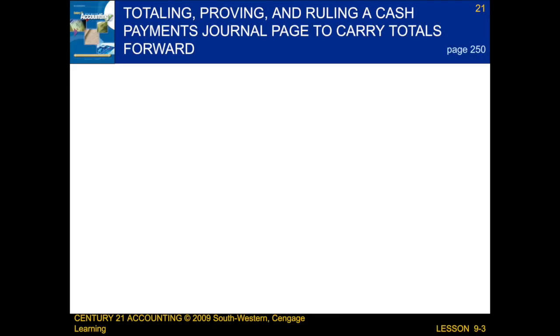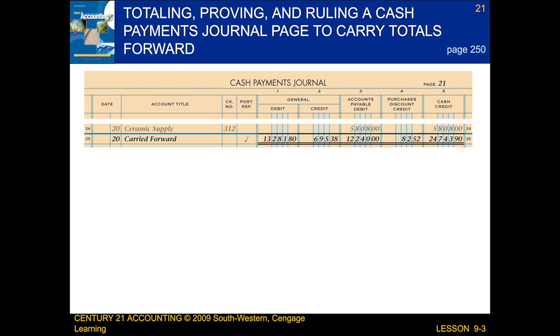Next, we're going to be talking about totaling, proving, and ruling a cash payments journal page to carry totals forward. When we do this, there are a few steps that we follow. First, we draw a single line rule.